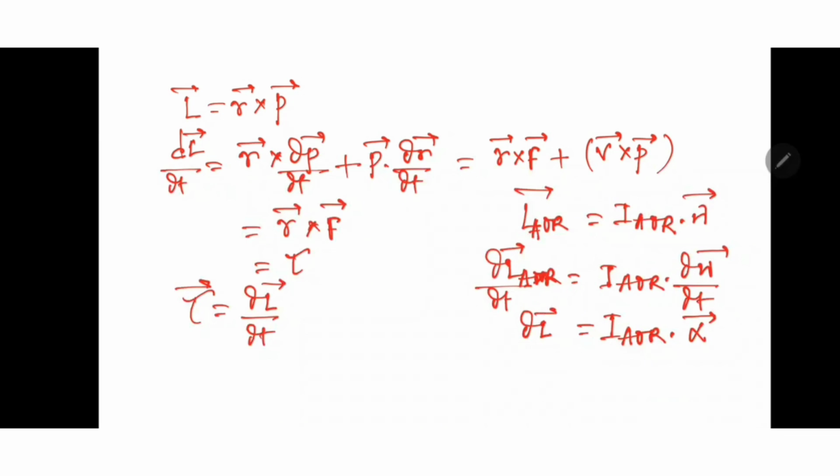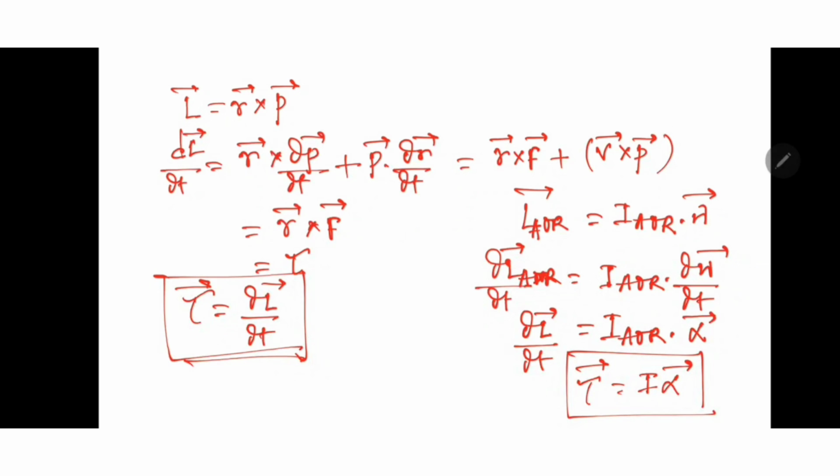This is dL/dt. So tau equals dL/dt, and tau also equals I into alpha.